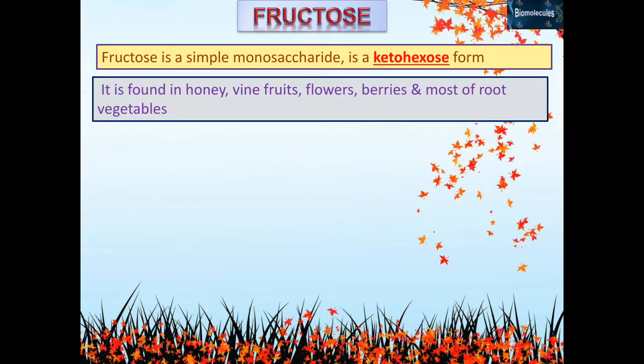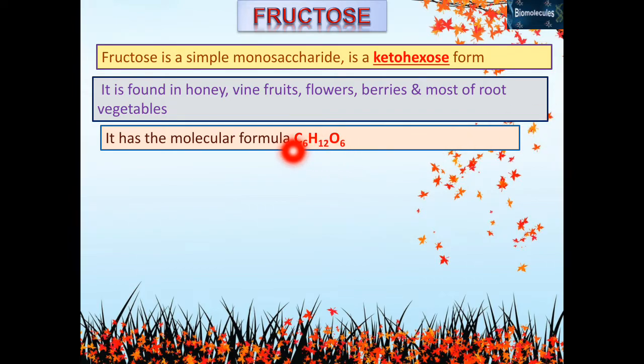This fructose is found in honey, wine, fruits, flowers and berries of most root vegetables. Fructose also has the molecular formula C6H12O6. Glucose is what? C6H12O6. Some students were asking, sir, glucose and fructose have the same molecular formula, are their structures the same? The structure is entirely different, but the molecular formula is the same. We'll see the structure now.